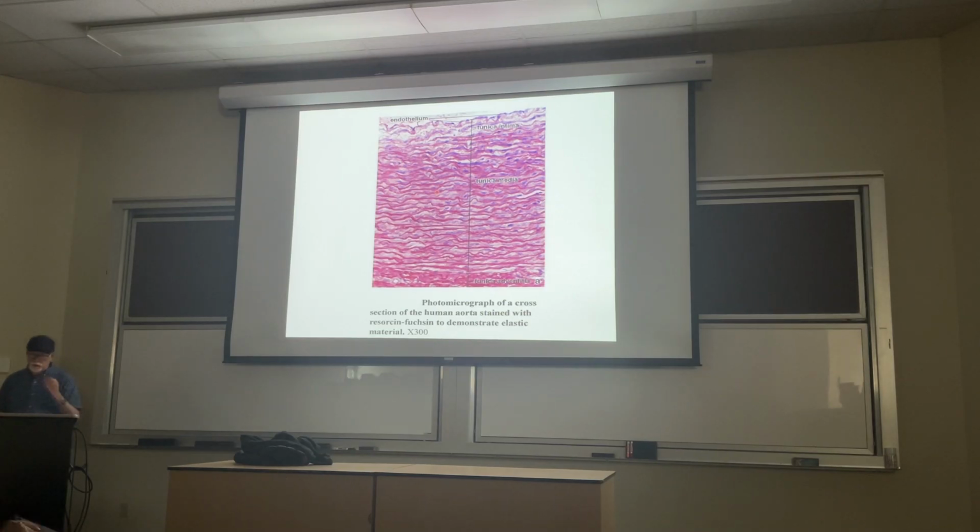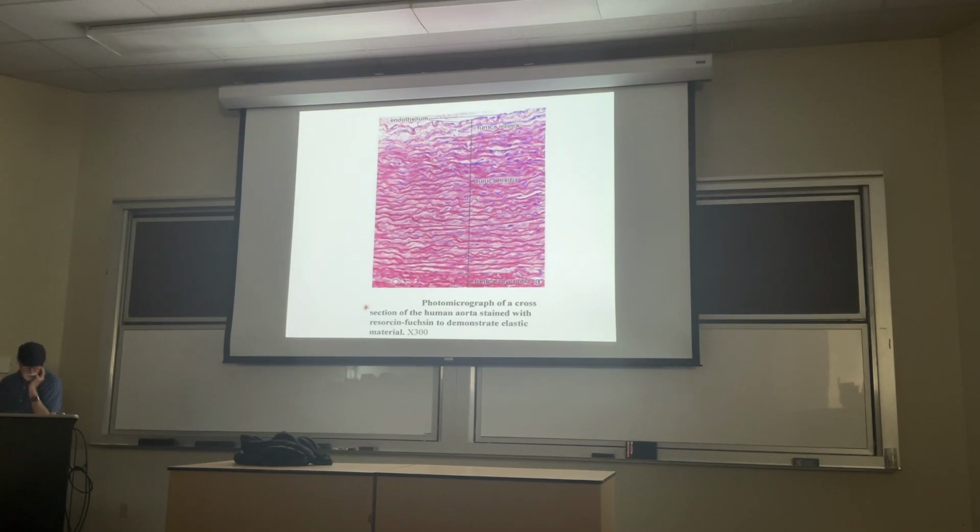This shows you the aorta. Now we're introducing here, this is from the book, this slide, a new stain that also stains elastic material. But it doesn't stain it black, it stains it purple.